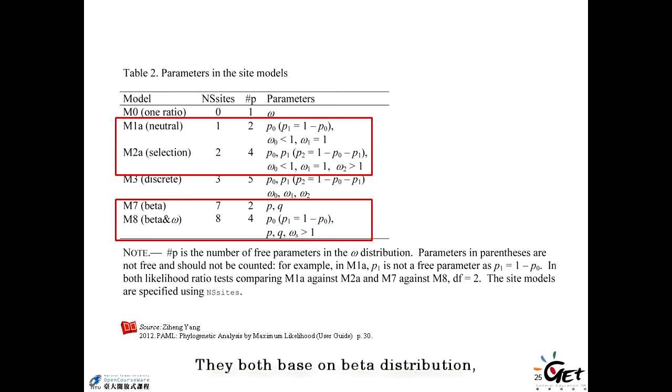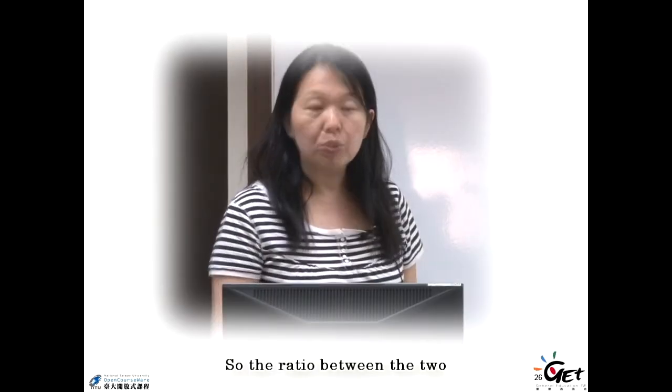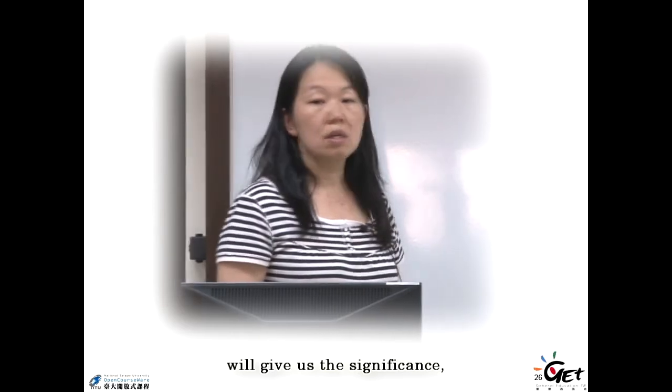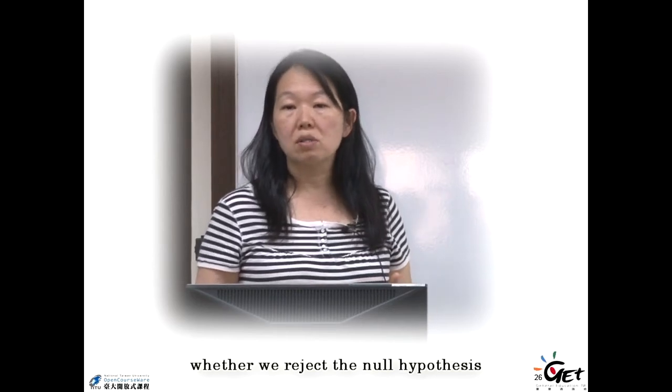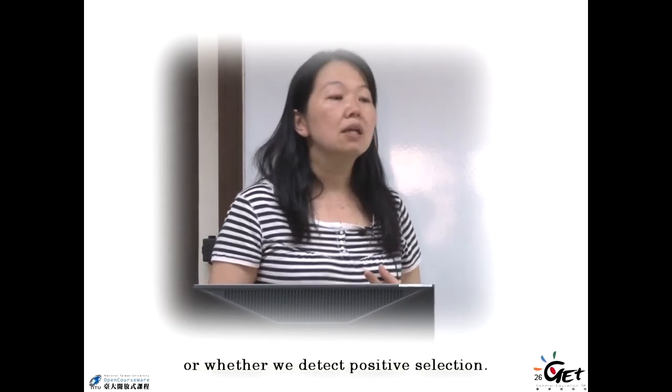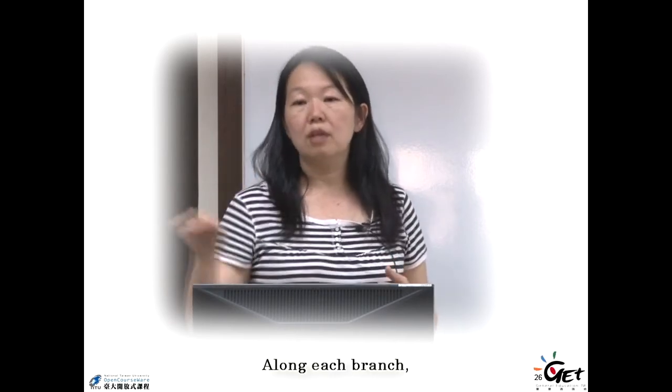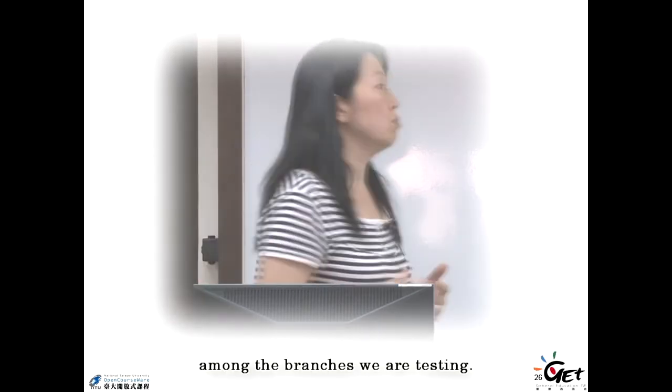So they are both based on beta distribution, but test between the two hypotheses. So the ratio between the two will give us the statistical significance of whether we reject the null hypothesis or whether we detect positive selection, along each branch or among the branches we are testing.